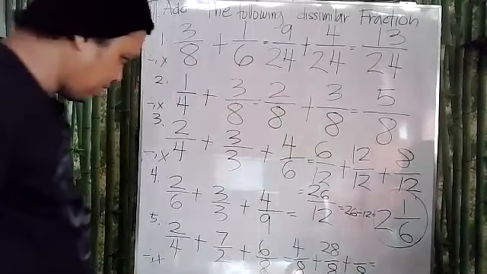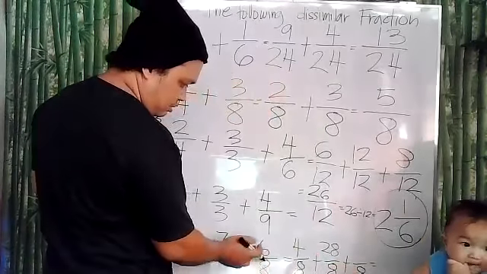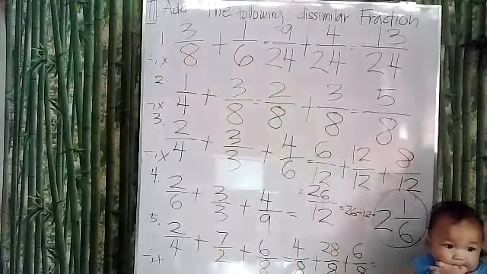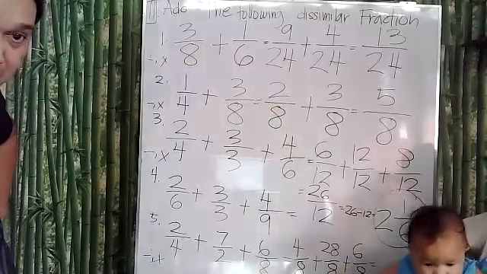Next, we have 8 here. Now 8 divided by 8 is 1, and 1 times 6 is 6. So we have now 3 similar fractions.